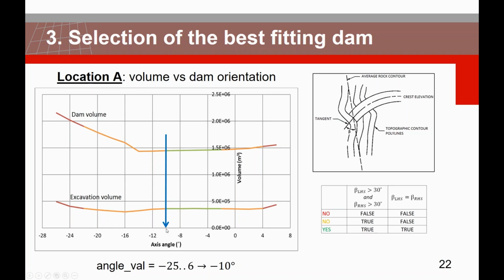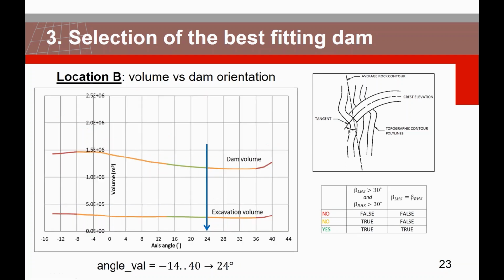So this is the best fitting layout only for this location. And perhaps you can see that this is more or less a straightforward line, a parallel line to the horizontal axis, but as we said, because we're talking about millions of cubic meters, even the slight difference is very important, and we can actually save some concrete volume.